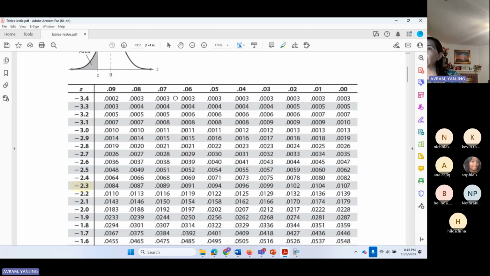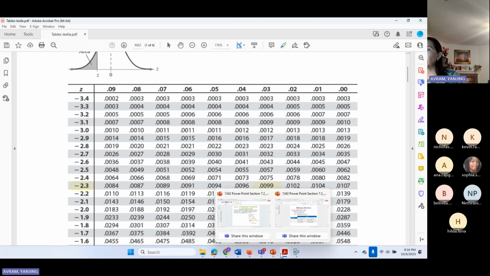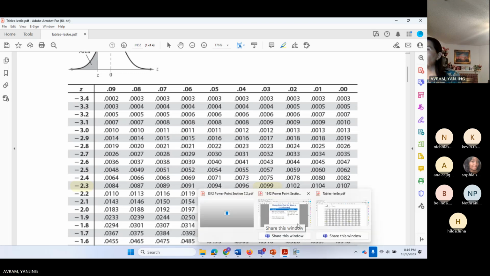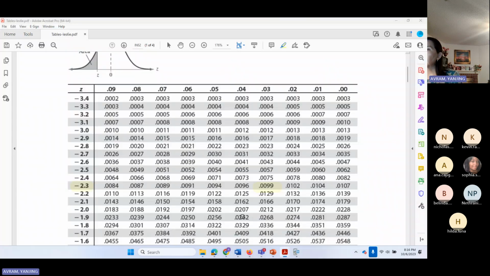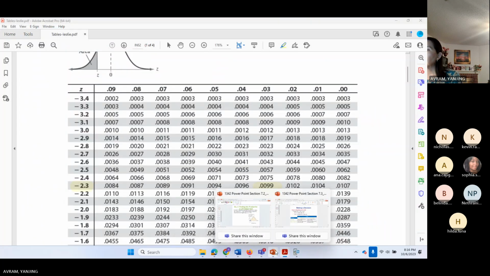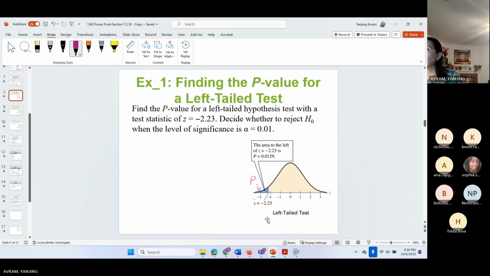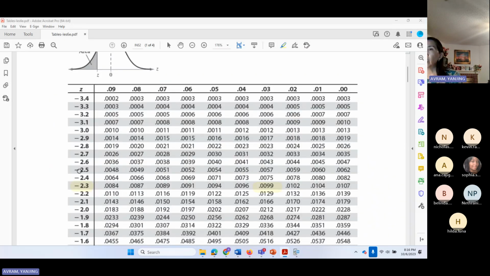Negative 2.3 right here, and then 33. Negative 2.23.